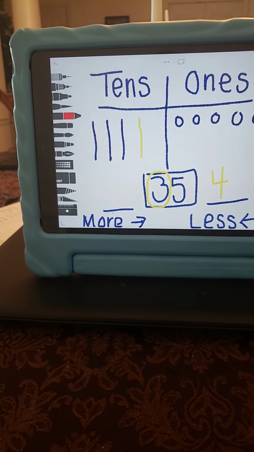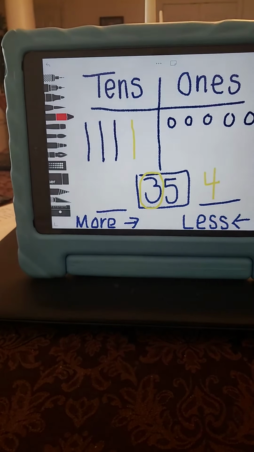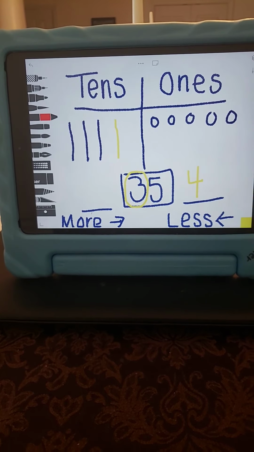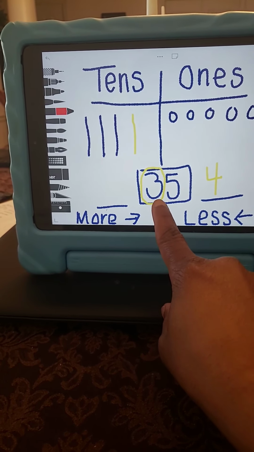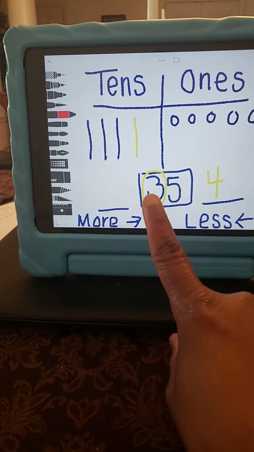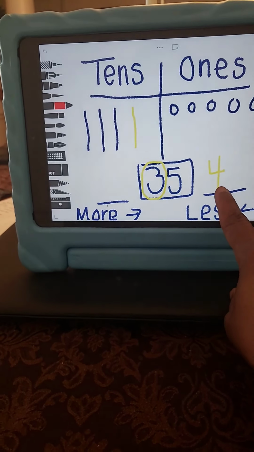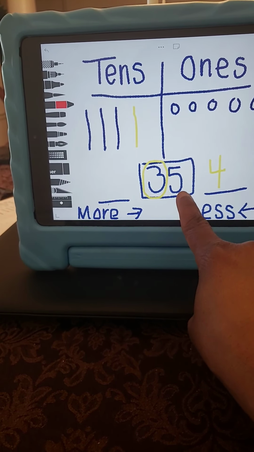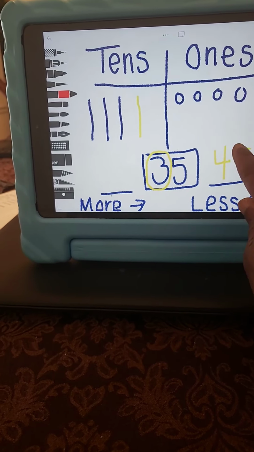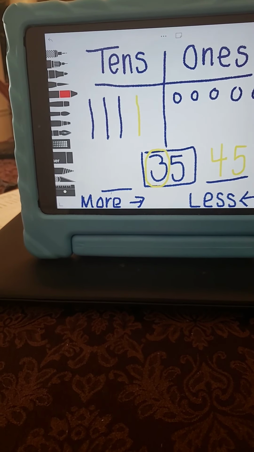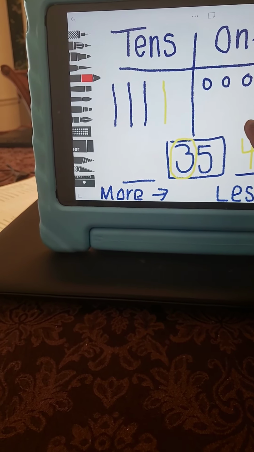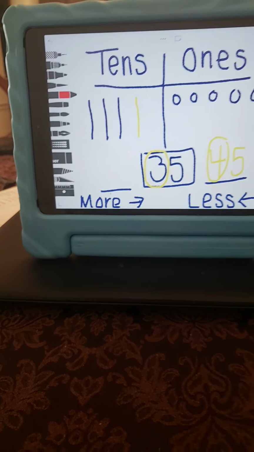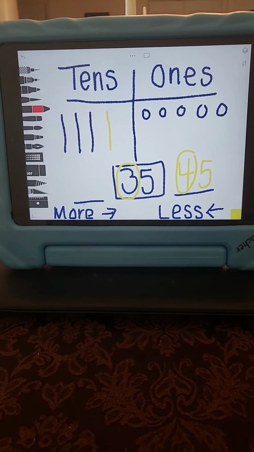Just like we talked about 1 more, that means you're counting on, you're counting forward. That means that 3 goes up to a 4. And then my 5, which is my 1, stays the same. Okay, so only the 10s number changes. Now we just did 10 more.